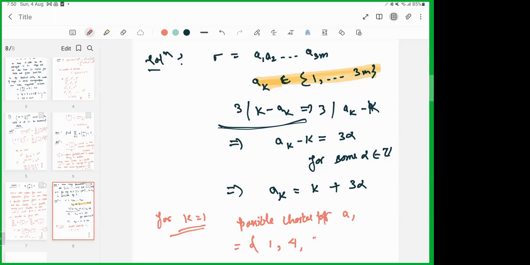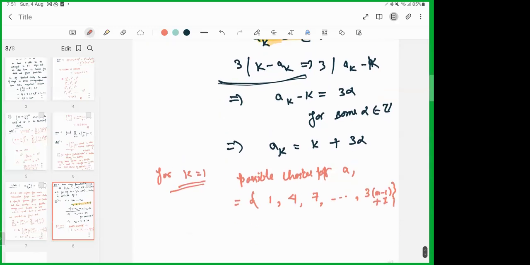It could be 1, 4, 7, and so on. Up to what? Since the largest quantity is 3m, up to 3m minus 1, plus 1.